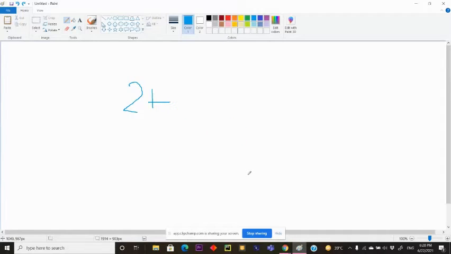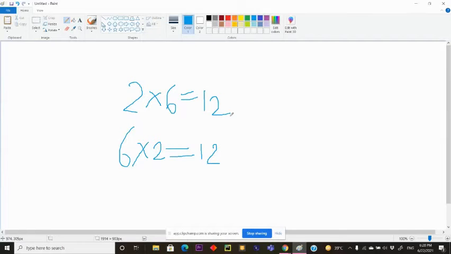Now what about multiplication? Let's try. 2 into 6 is equal to 6 into 2. That is obviously 24. I'm just joking, it's 12. So 2 into 6 is equal to 6 into 2, which is 12. Now both the answers are the same. So we also know that this applies to multiplication.